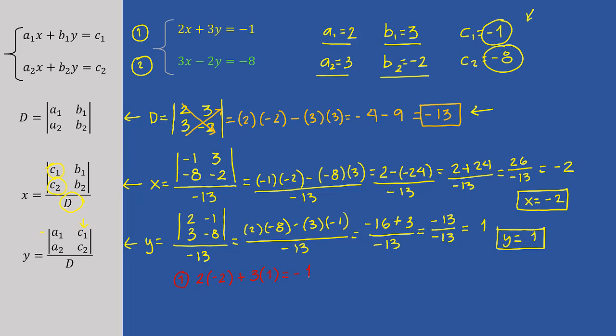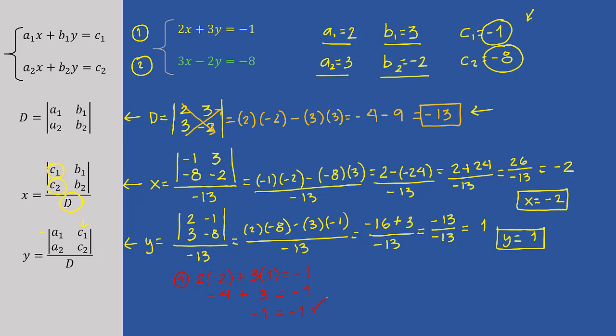Now let's solve and check if that is true. 2 times minus 2 is minus 4, plus 3 times 1 is 3, equals minus 1. Now we add minus 4 plus 3 is minus 1, equals minus 1. Okay, we got the same numbers on both sides.